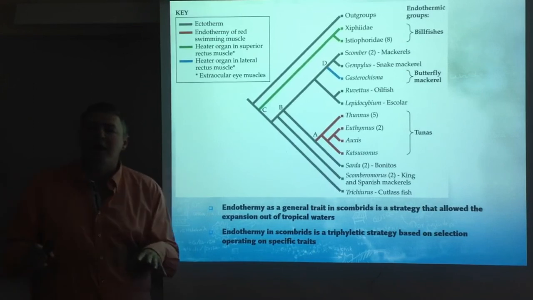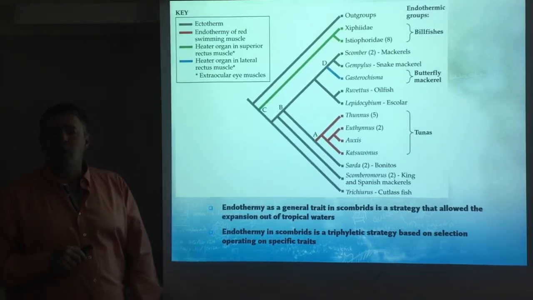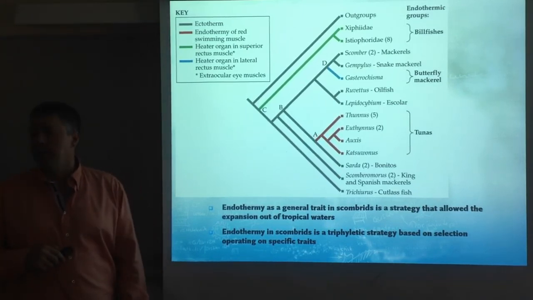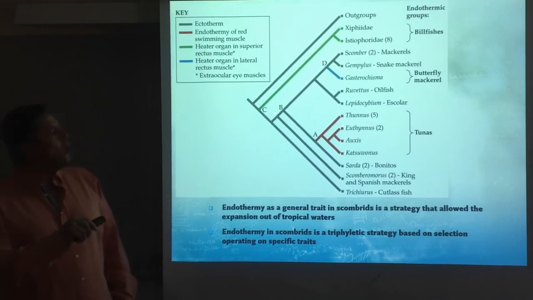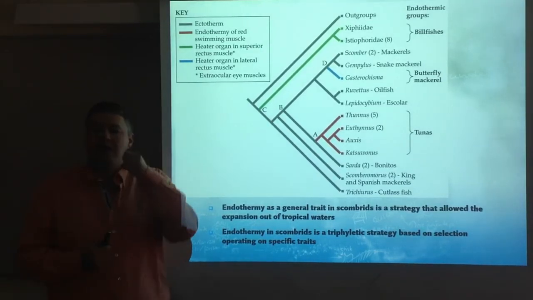What's interesting here is that in the phylogenetic tree of scombrid fishes, you have the appearance on 3 occasions of endothermy. So, of course, when you look at this from a phylogenetic perspective, you can actually get more evidence.